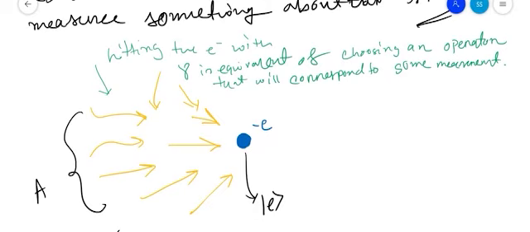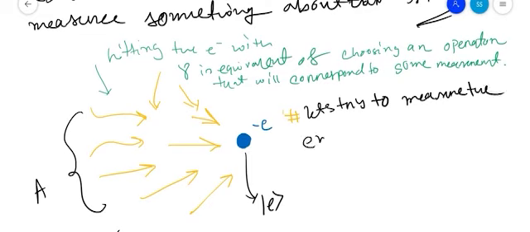So let's say instead of measuring the position, I want to measure the energy now. So let's try to measure the energy of this electron.